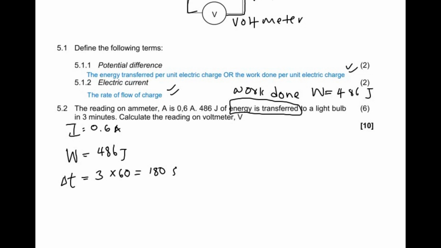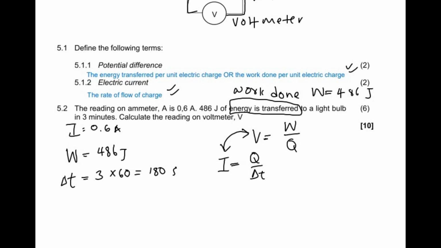And now we need to find what the voltmeter is going to read, the voltage or the potential difference across that light bulb. We know that the potential difference is given by the work done per unit charge. So W is for the work done, Q is for the charge. We also have an equation for current, which is Q over delta T. So we need to relate these two equations together.